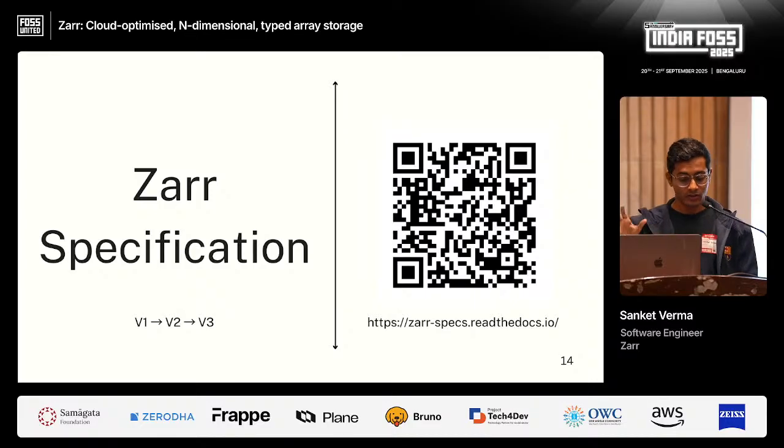So Zarr is actually a specification. For the uninitiated in the audience, a specification is a technical document which lays out the rules for how the format should work. Currently we are at version 3, and this is the link for the spec if you are feeling brave enough to read the whole spec.